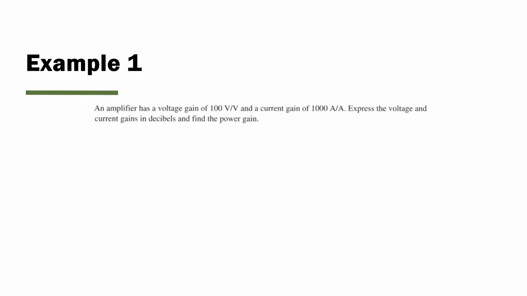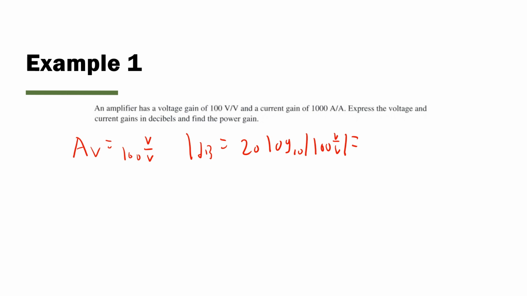Let's solve example 1. An amplifier has a voltage gain of 100 volt per volt and a current gain of 1000 amp per amp. Express the voltage and current gains in decibels and find the power gain. Okay, so we know that voltage gain is equal to 100 volt per volt. To convert this to decibels, we take 20 times log base 10 of the absolute value of our voltage gain, 100 volt per volt, and this is equal to 40 decibels.